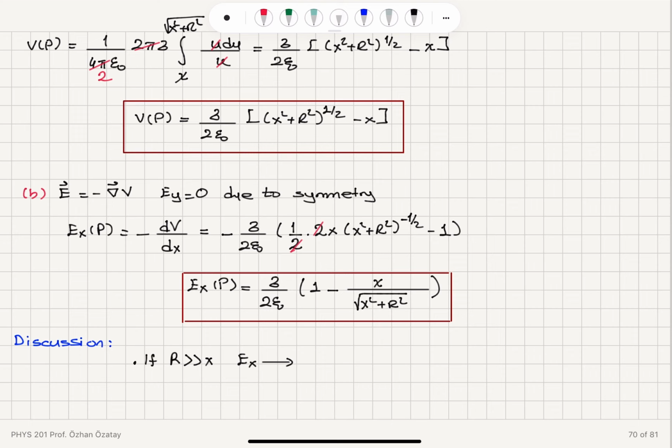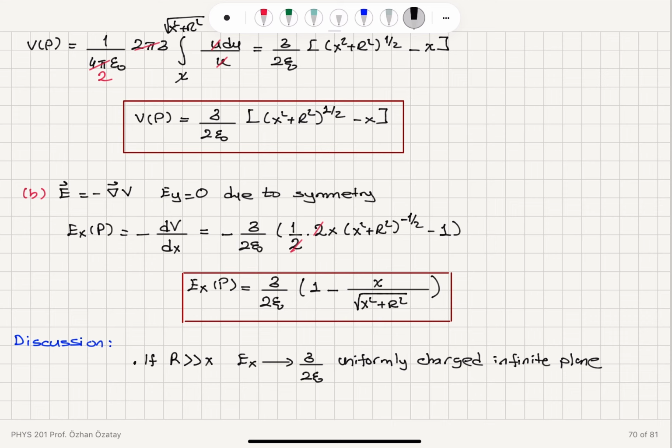Because if R is much greater than x, this x can be ignored, x divided by R goes to 0, so this becomes sigma over 2 epsilon 0, which is the answer for a uniformly charged infinite plane. This is an answer we're familiar with, that we have obtained before using Gauss law.